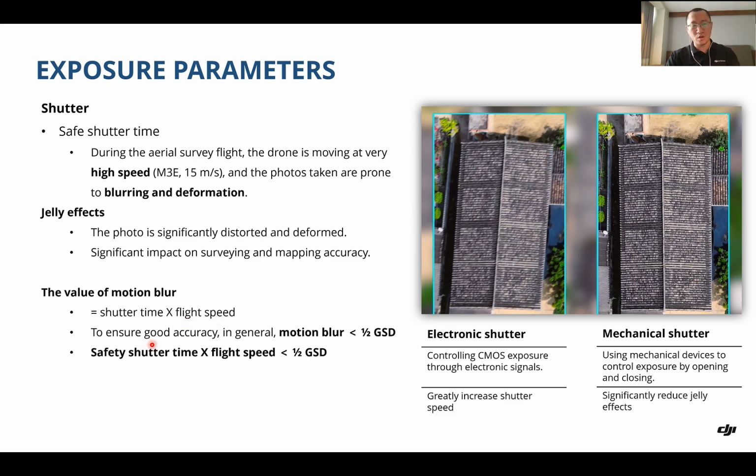But to ensure good accuracy, in general the motion blur should be less than half a GSD. So it means our safe shutter time multiplied by the flying speed should be less than half a GSD. So next time when you carry out field surveying, please follow this formula.